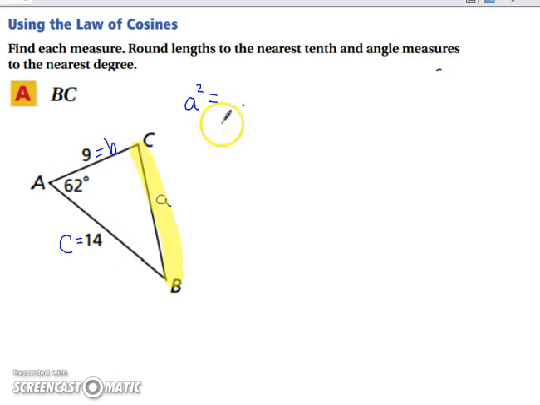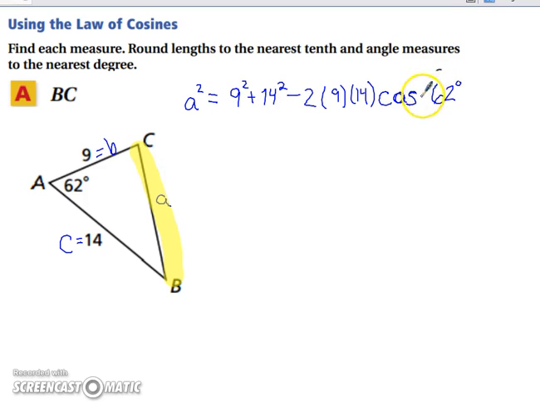So we have 9 squared plus 14 squared minus 2 times the other 2 sides, so 2 times 9 times 14, and then that's going to be times the cosine of angle A, since that's opposite of the side we're trying to find. So we have the cosine of 62 degrees.